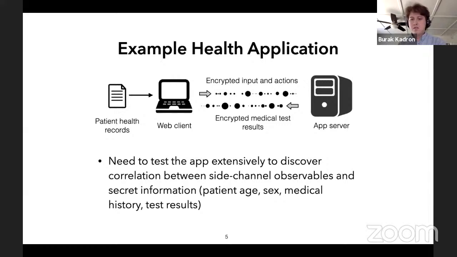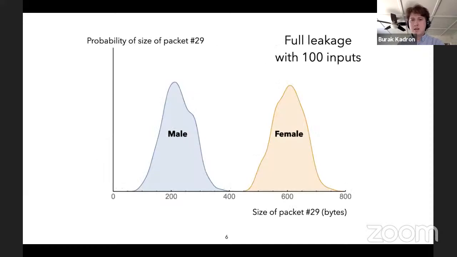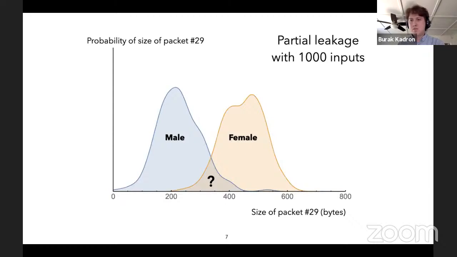You need to test the app extensively to find any correlation between the observables, the packet sizes and timings, and the user's secret properties, such as the patient's gender, age, etc. With 100 inputs, maybe we can profile the system 100 times and get such a distribution where the gender property is leaked with the size of packet 29. But this may be undersampling, where with 1,000 inputs, we may get a more accurate distribution where there's actually partial leakage and not full leakage.